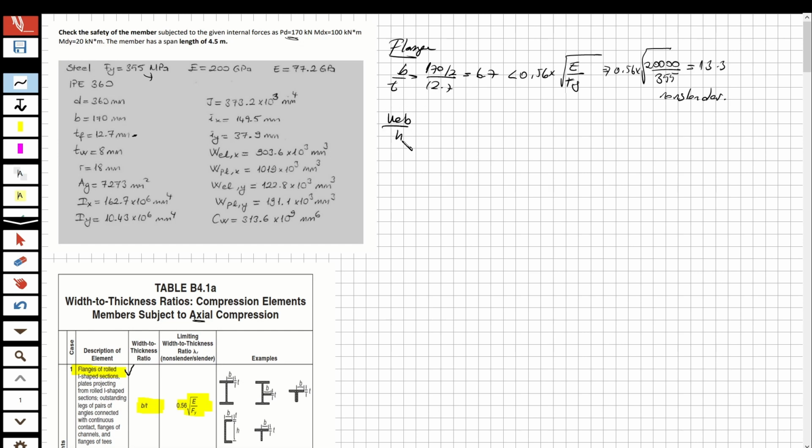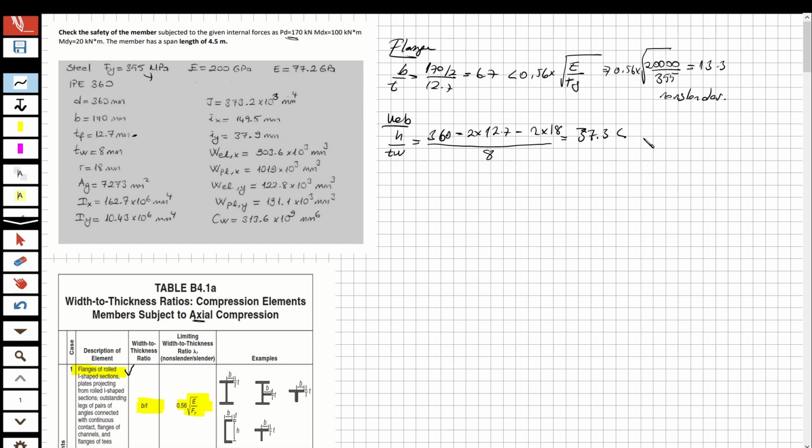For the web part, it's going to be h over the thickness of the web, and h is calculated as 360 minus 2 multiplied by the thickness of the flange, 12.7, minus 2 multiplied by the radius, over the thickness of the web. What is that? 8 millimeters, right? And this is going to be equal to 37.3.